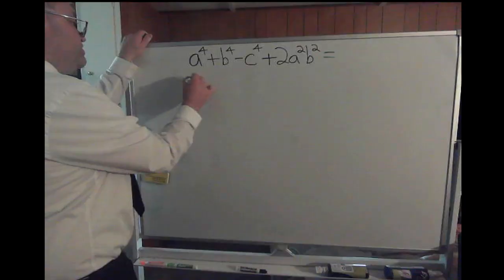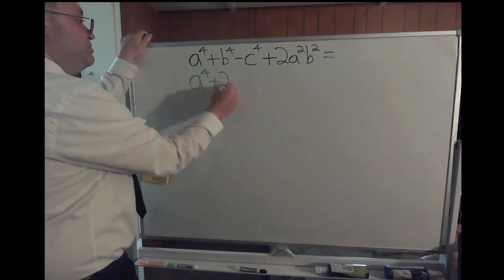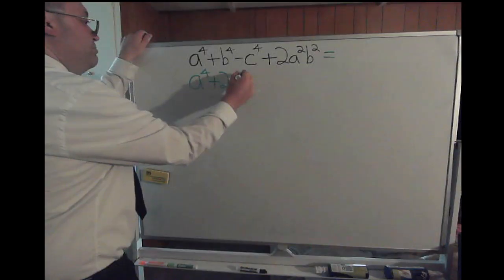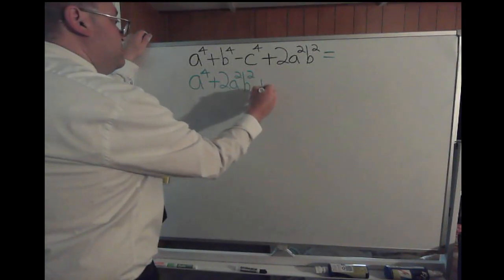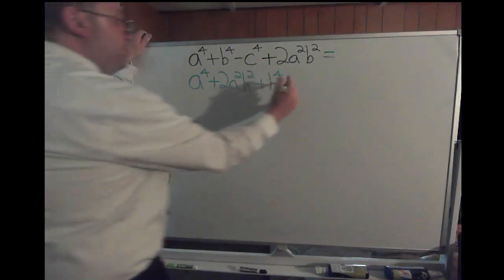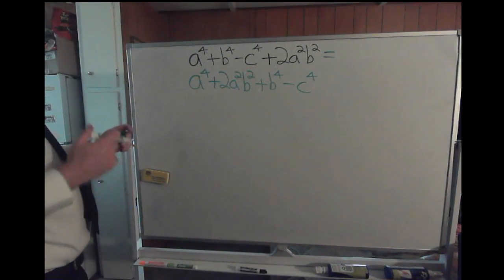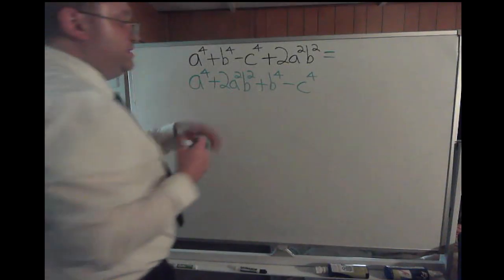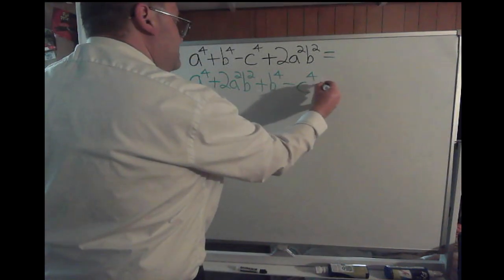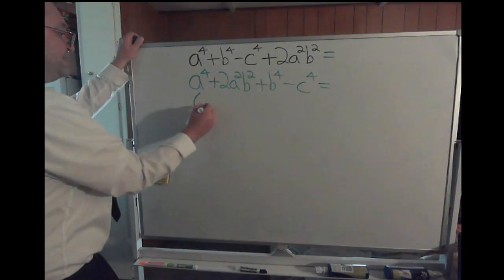So rearrange this, you'll get a to the 4th plus 2a squared b squared plus b to the 4th, all that minus the c to the 4th. Now it looks like we got a perfect square trinomial, something we can work with. Square root of a to the 4th, well, that's a squared.